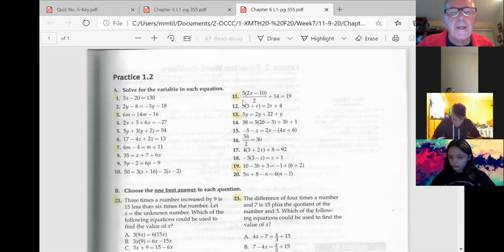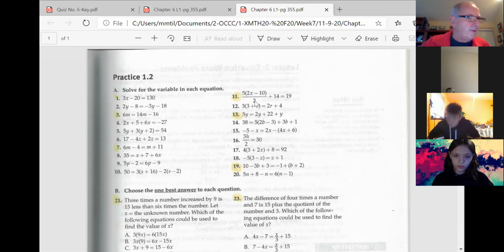Okay, this one right up here, 5 times 2x minus 10 over 2. Yes, that's it. Okay, so we're solving for the variable. So what you want to do in this one, first thing you want to do is multiply every term by 2. Just get rid of this 2 down here. That's what I would do. You can do it a couple different ways, but that's the direction I would take.